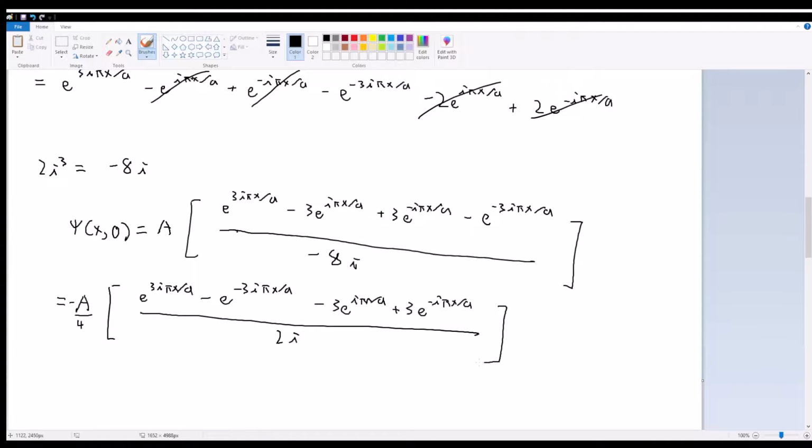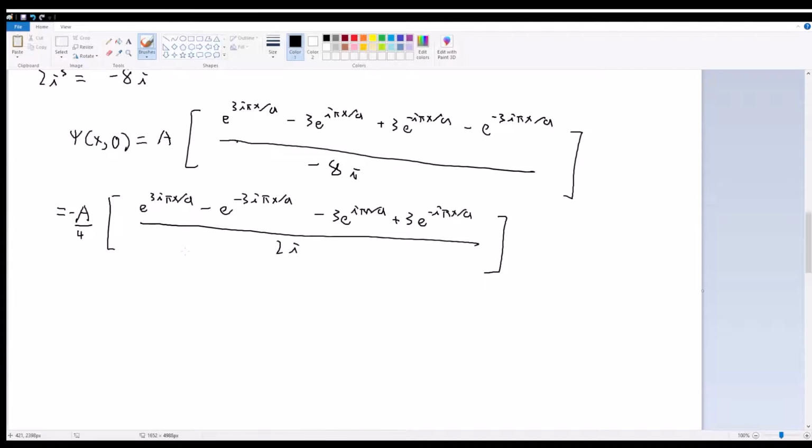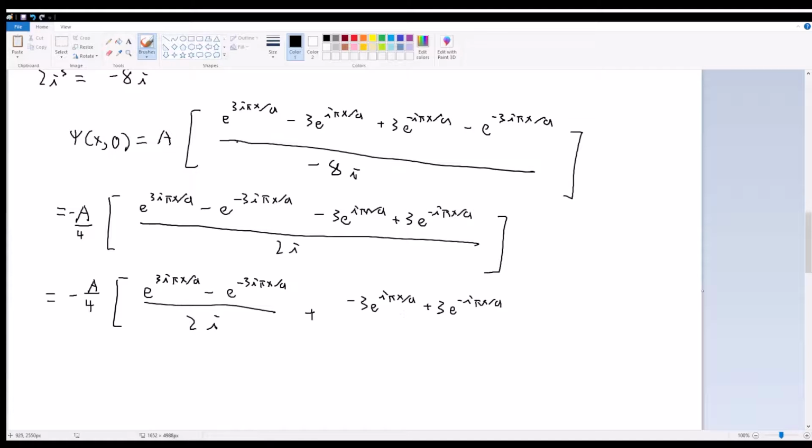Hopefully you see what I'm trying to do here: I'm splitting this into two new sinusoids. So this is equal to negative a over 4, times e to the 3i pi x over a minus e to the negative 3i pi x over a, over 2i, and then added with negative 3e to the i pi x over a plus 3e to the negative i pi x over a, over 2i.